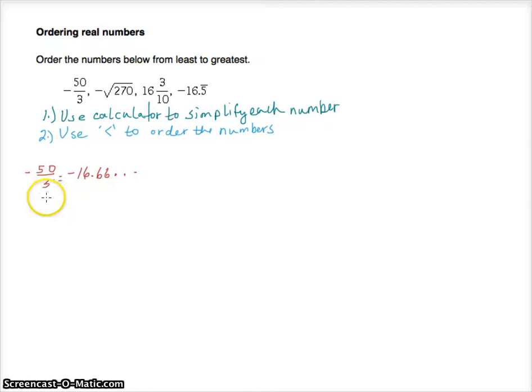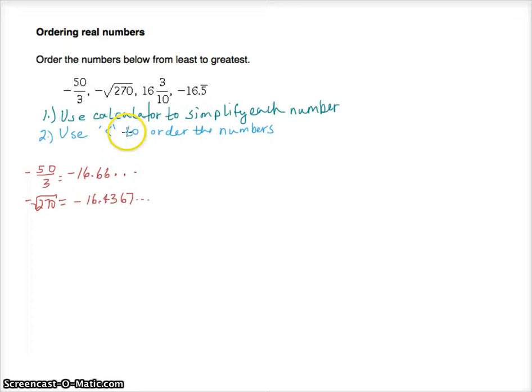The next one we need to look at is the negative square root of 270. If you punch that into a calculator, you're going to get negative 16.4367, and this number is going to continue on forever with no repetition to it.